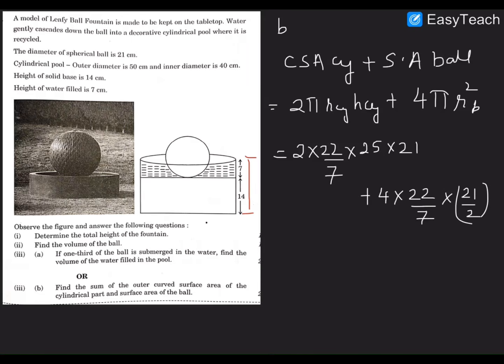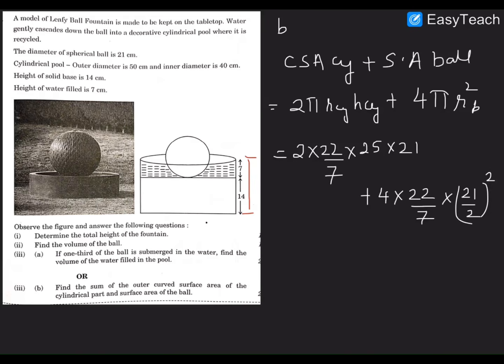Putting the values, 2 into 22 by 7. The outer radius of the cylinder is 25, since the diameter is 50 centimeters, and the height of the cylinder is 14 plus 7, which is 21, plus 4 into 22 by 7 into the radius of the ball, 21 by 2, whole square.